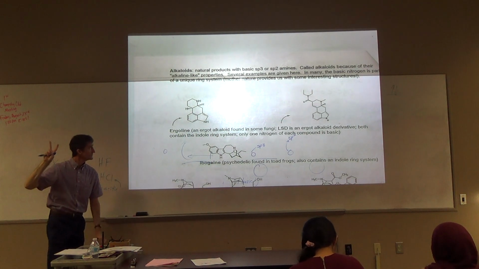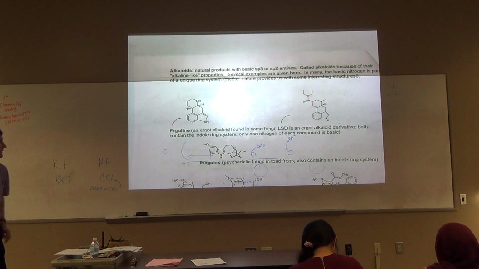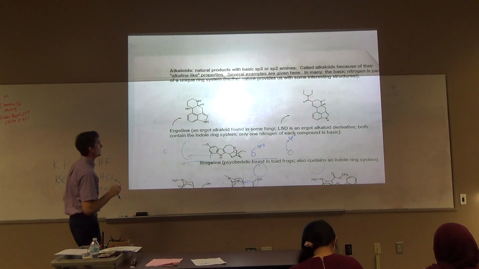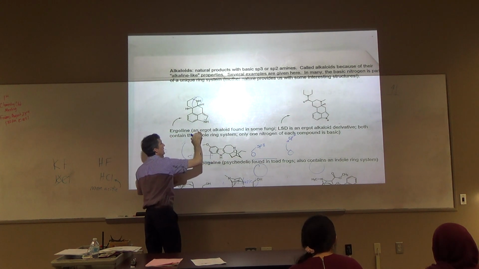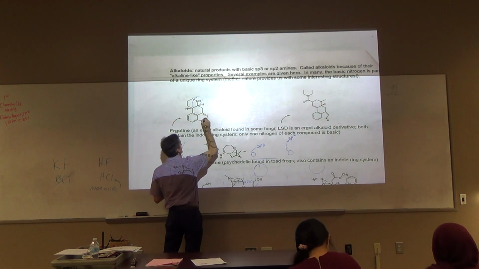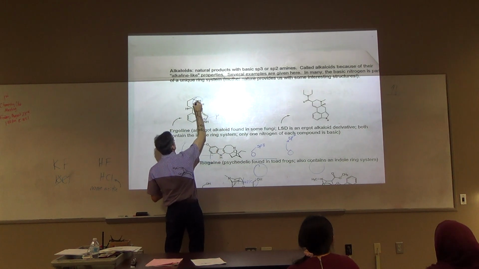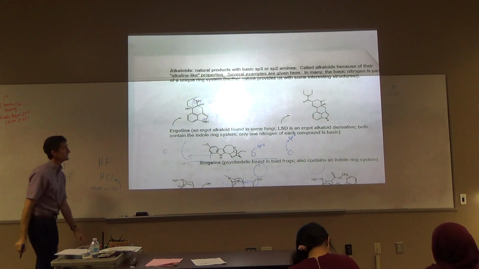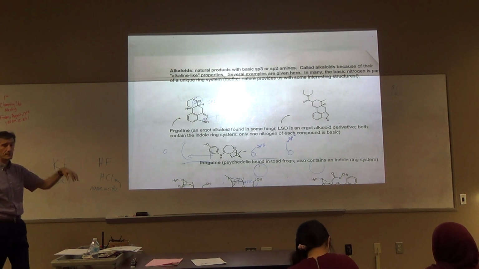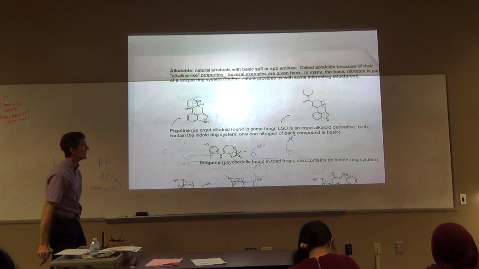It's got 2 nitrogens. Which one's most basic? Why that one? Because this one is p orbital and this one is what? Yeah, hybridization effect, or where it would take a lone pair. The top nitrogen is basic, the bottom nitrogen is not basic.